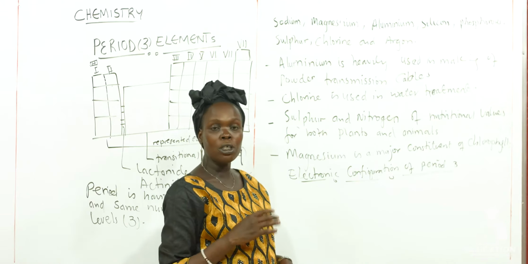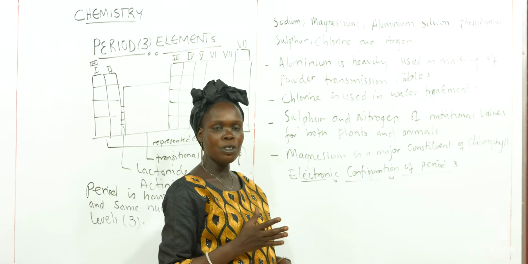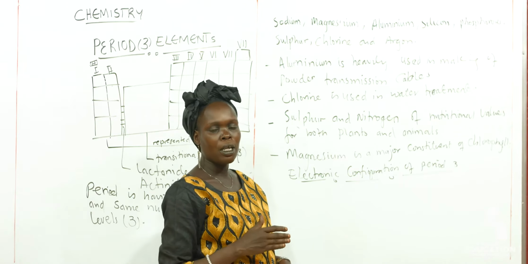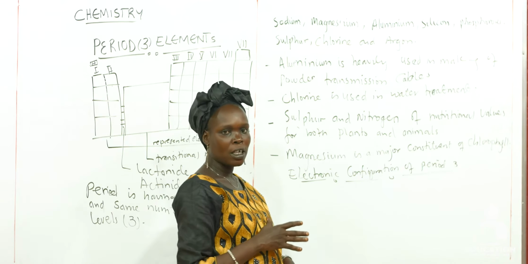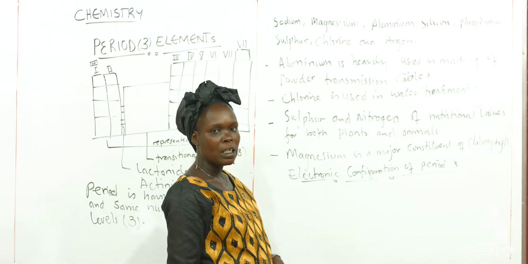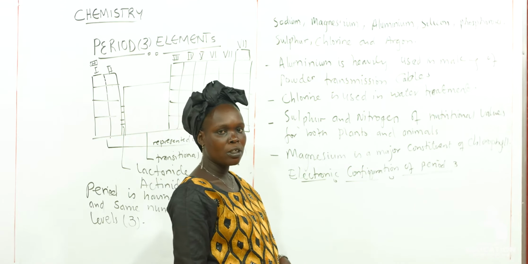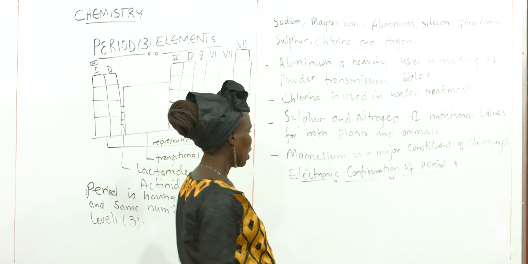So how do we distribute that? Previously we learned how to distribute the energy levels, but for the purpose of remembrance, we are going to review how we distribute the electrons into their energy levels.